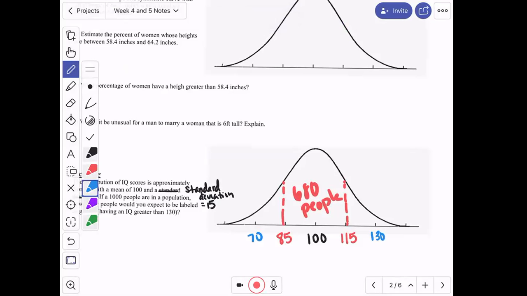Within 2 standard deviations and 95% of all people, how many people have IQs between 70 and 130? 950 people have IQs there. Would you say that most people have an IQ between 70 and 130? Yes, probably so. The majority of people have IQs between 70 and 130, by the way. Keep going.